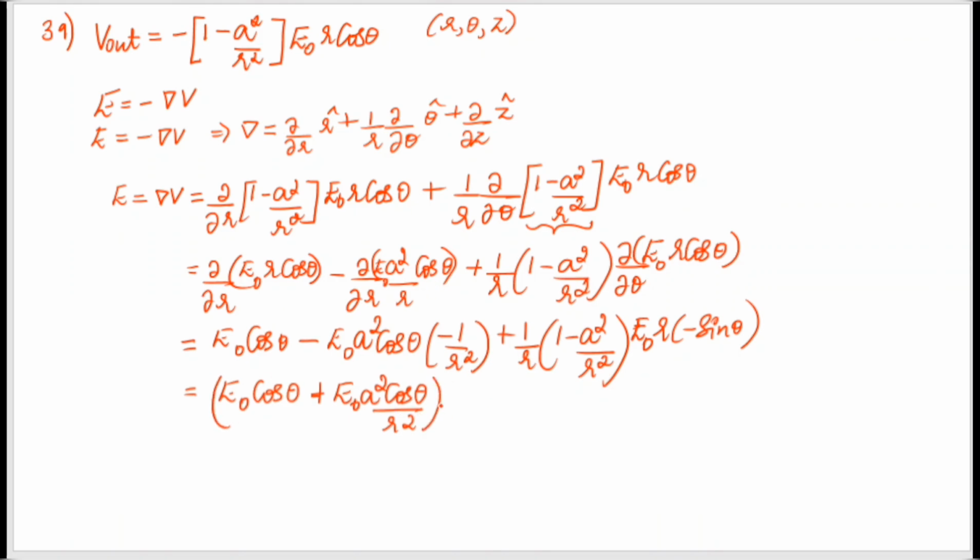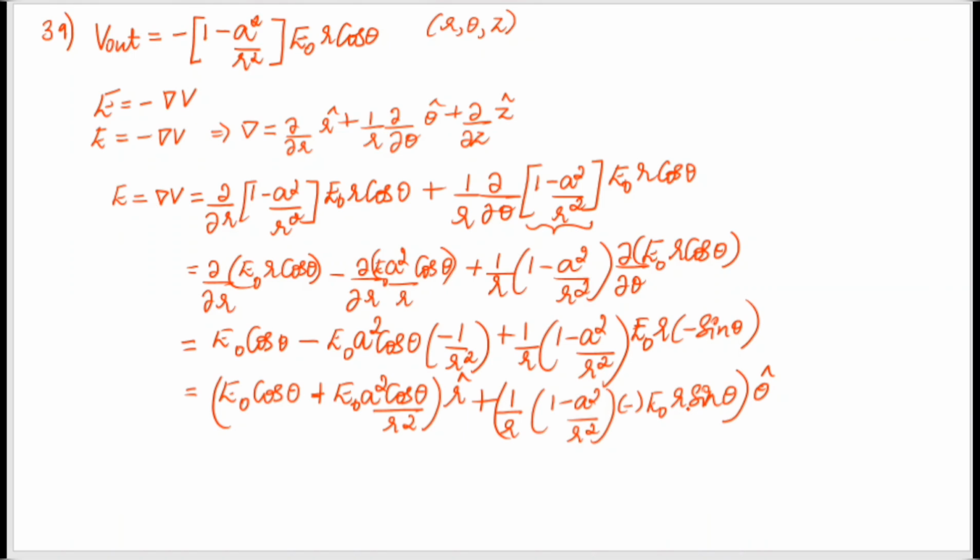This term belongs to r cap, plus 1 divided by r, 1 minus a square divided by r square into minus of E naught r sine theta into theta cap.